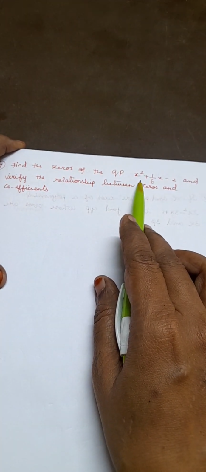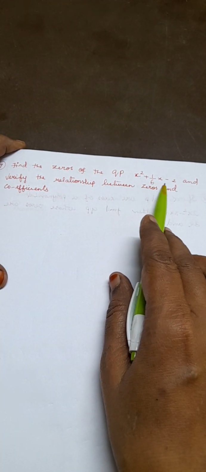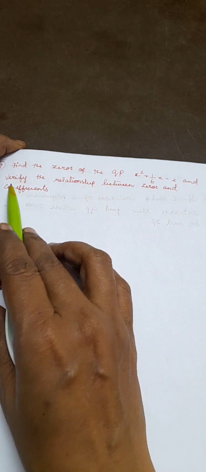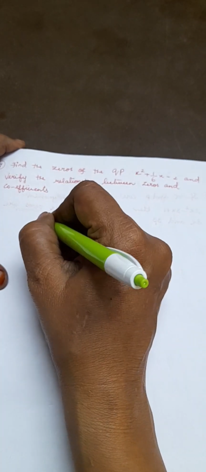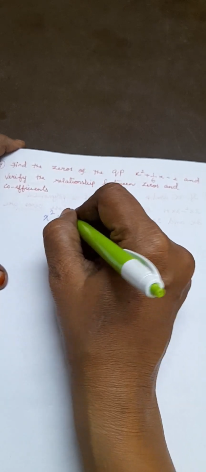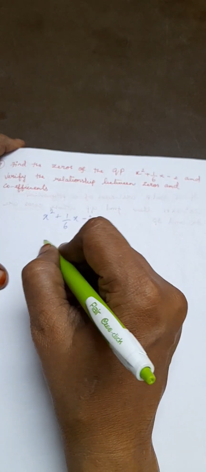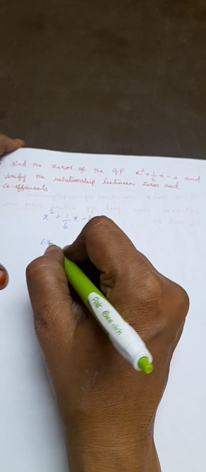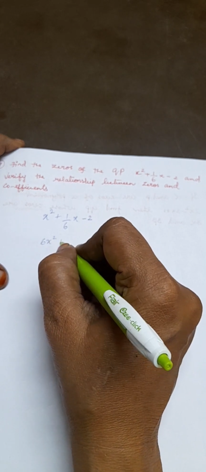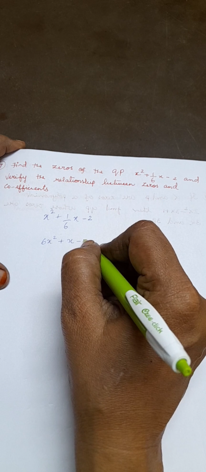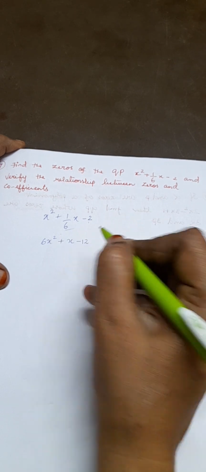The next problem is here: find the zeros of the quadratic polynomial x square plus 1 by 6 x minus 2 and verify the relationship between zeros and coefficients. First you take x square plus 1 by 6 x minus 2, right? And take LCM. When we take LCM, we'll get 6x square plus x minus 6 2s are 12, right?